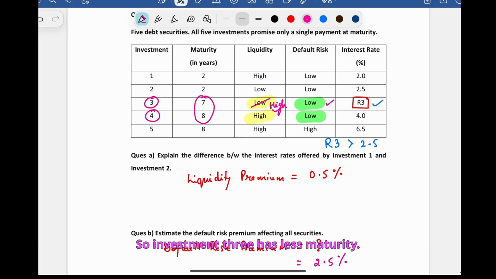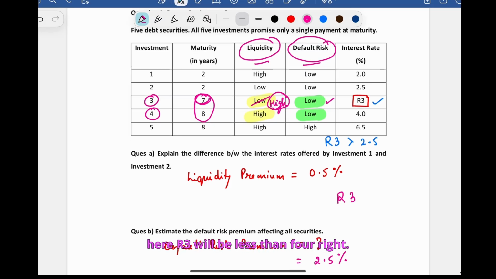So investment 3 has less maturity, so less maturity risk premium. So we can say that R3, I'm writing it here, R3 will be less than 4, right? If we assume the liquidity and default risk are the same.